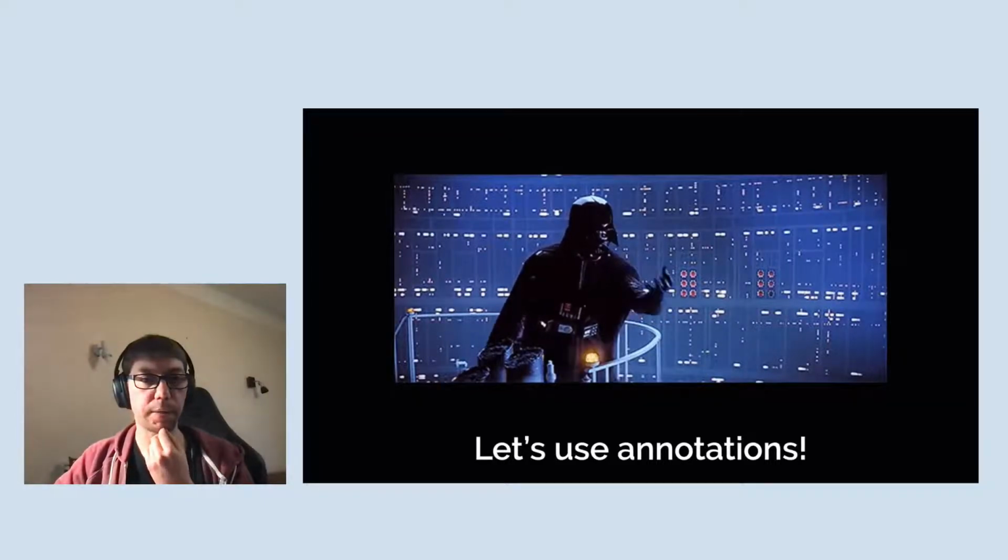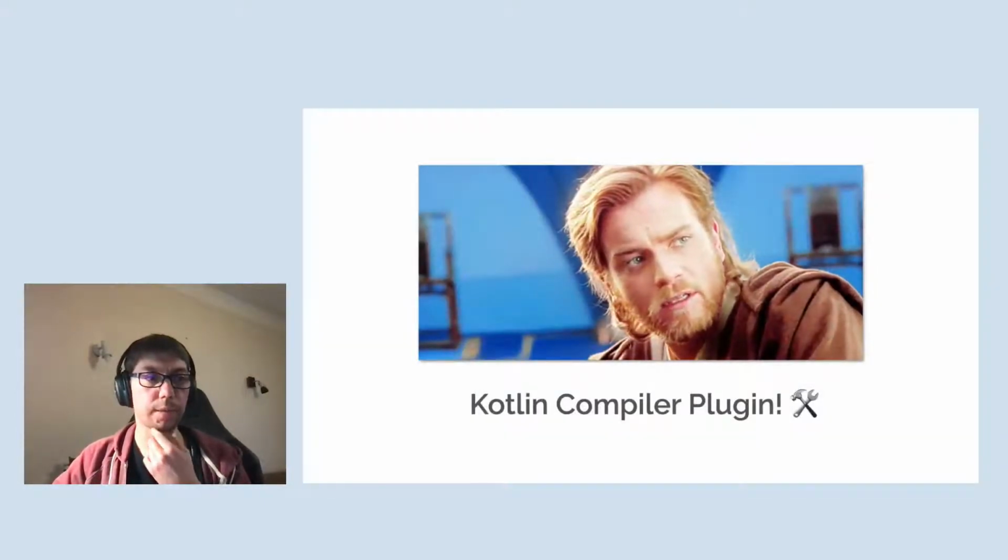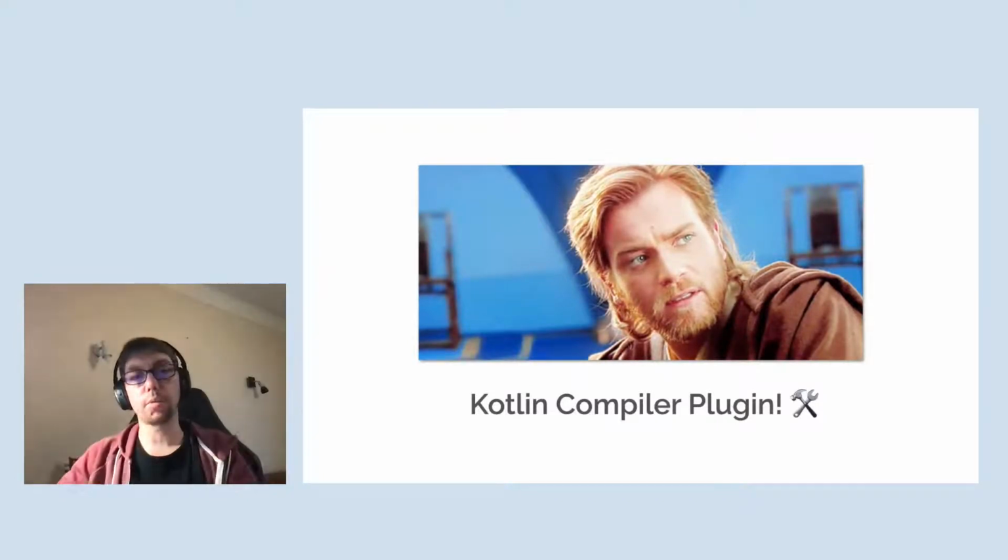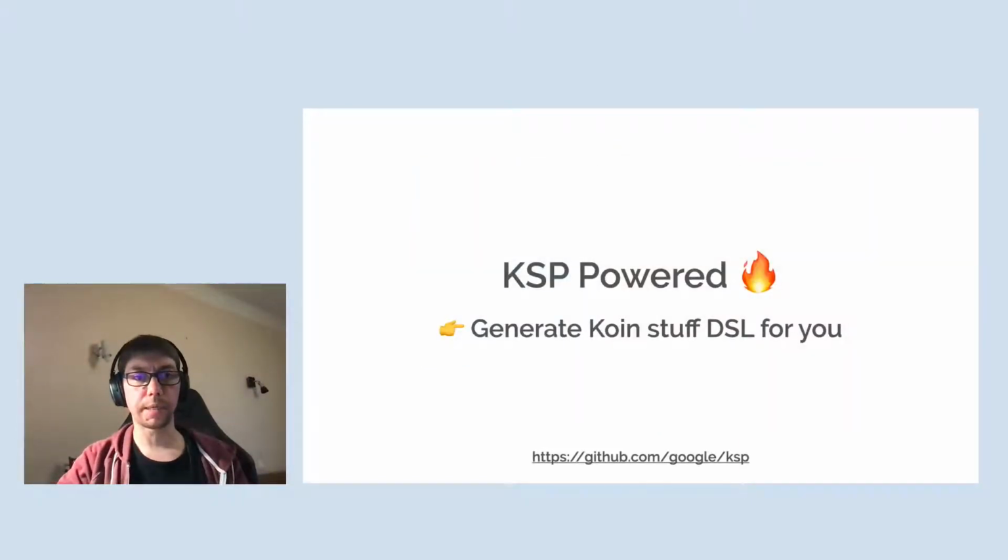Not sure, because what we want to do here is add another way to declare things for Koin, so that more people will be likely to use Koin, and we will use the complete compiler plugin capacity to help you with everything.